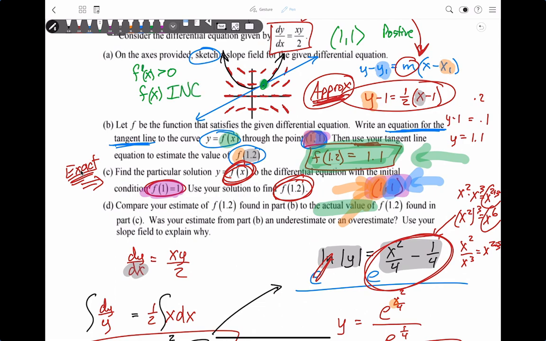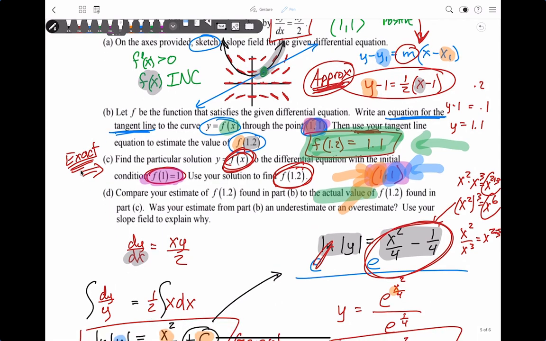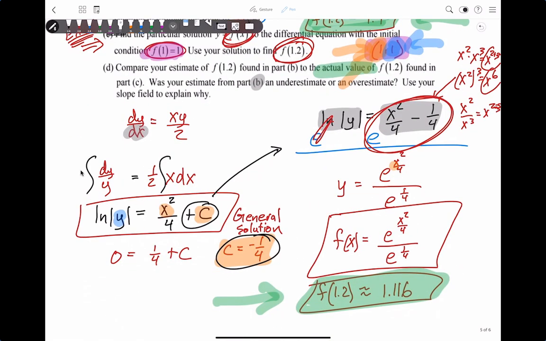Which makes sense because f of x increasing showed that at that point it was on a piece that was increasing. So if it's increasing, was part B an overestimate or an underestimate? You're going to compare that 1.1 to this 1.116, which is the same as this.